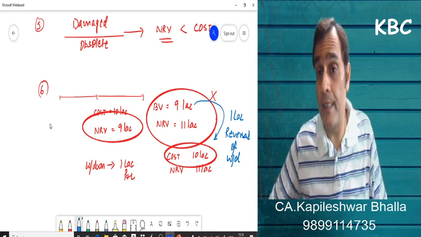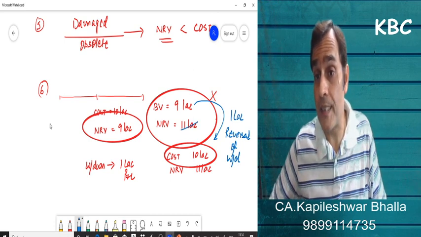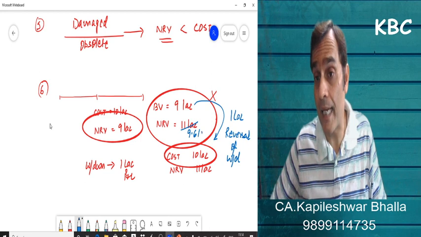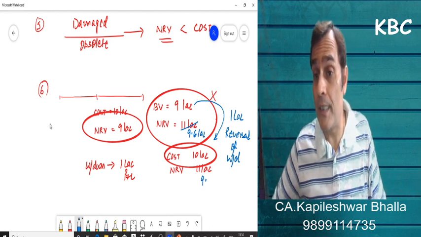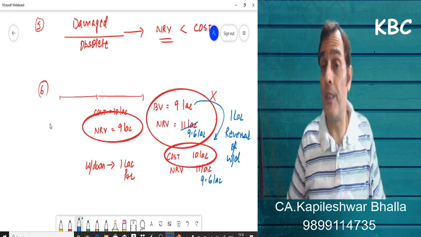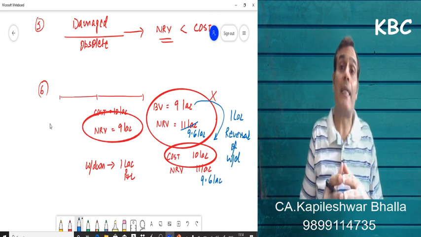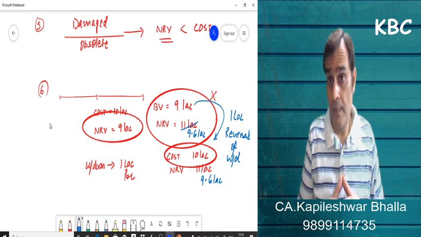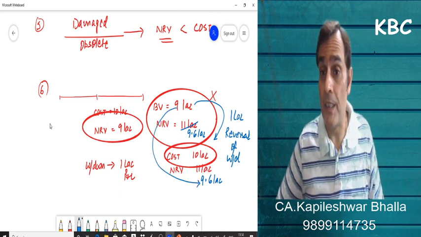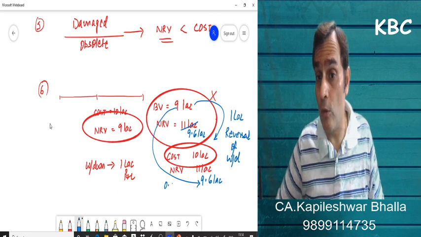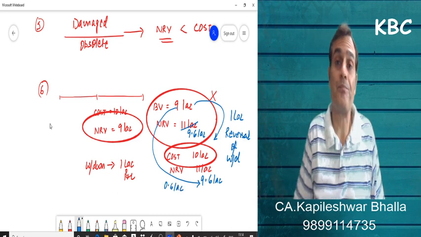But this is just a chance that the entire 1 lakh rupees is getting reversed. Let's assume that the NRV is to the extent of, let's say, 9.6 lakh. Then you would compare the 10 lakh versus 9.6. So in that particular case, the inventory can be taken at 9.6. And in this particular case, the reversal is going to be equal to 0.6 lakhs only.